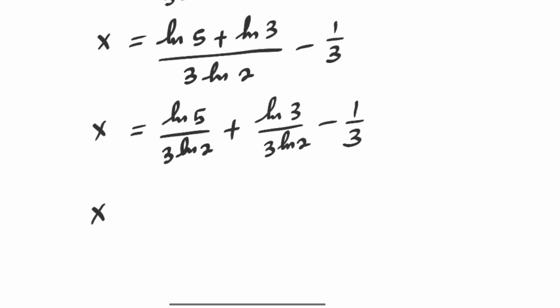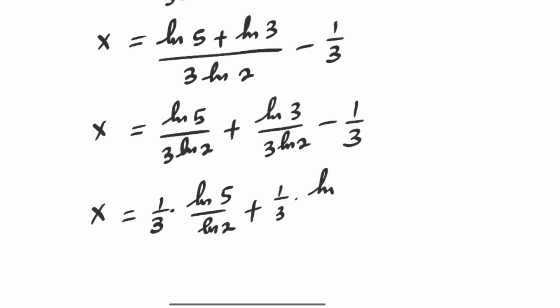This is s is equal to 1 over 3 multiplied by ln of 5 over ln of 2 plus 1 over 3 multiplied by ln of 3 over ln of 2 minus 1 over 3.